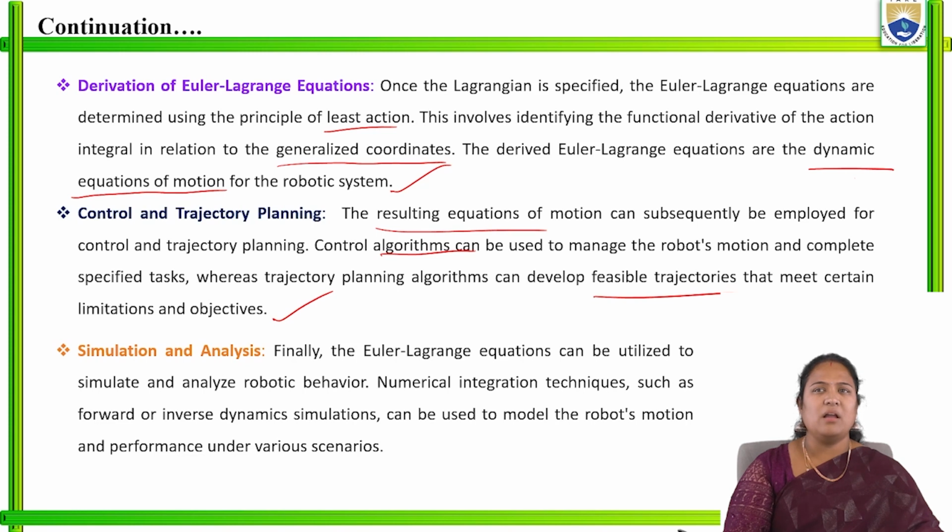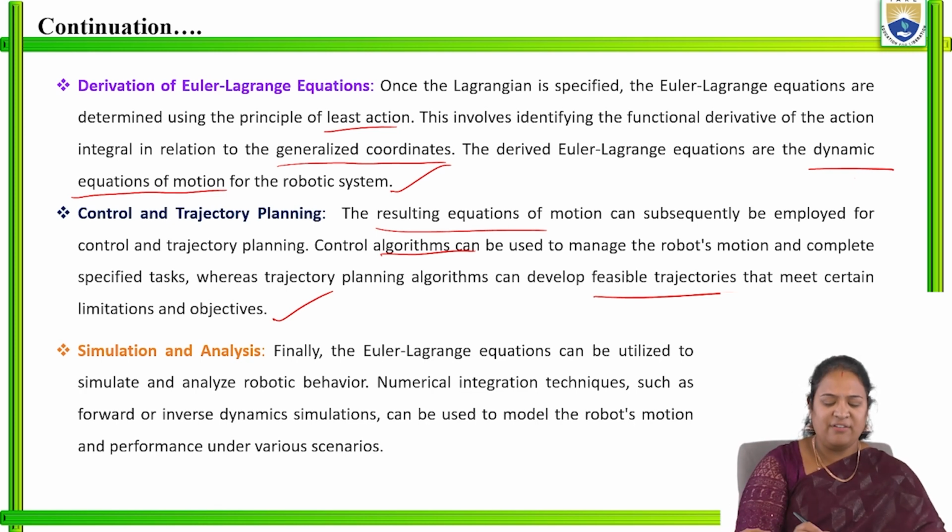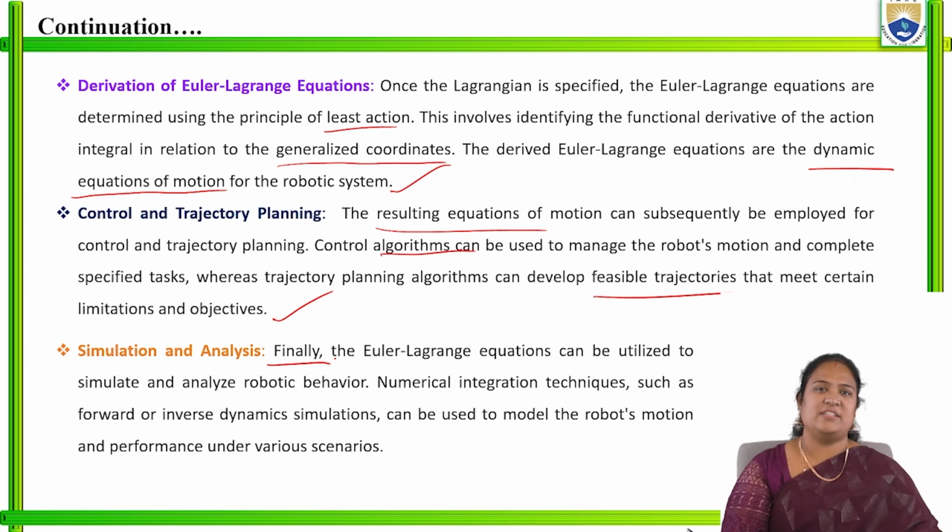Moving on to the next one, simulation and analysis. What do we mean by simulation and analysis? This is the final step, in order to know the behavior of the robot.